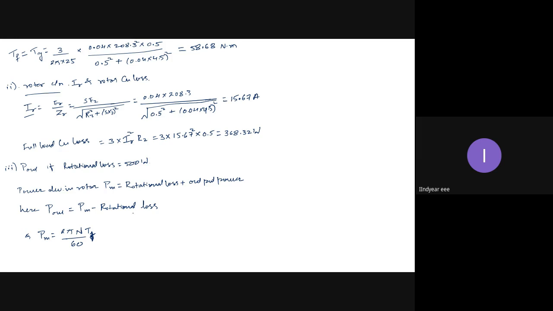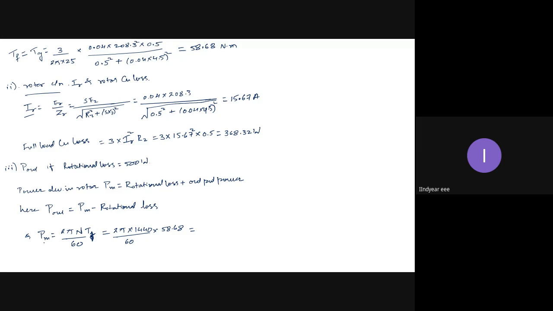Equals 2 pi into N. What is the motor speed at full load? 1440 by 60 into TF. It is 58.68 Newton meter. Okay, this is power developed.